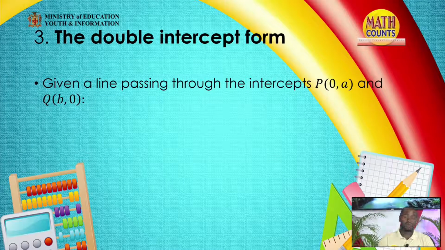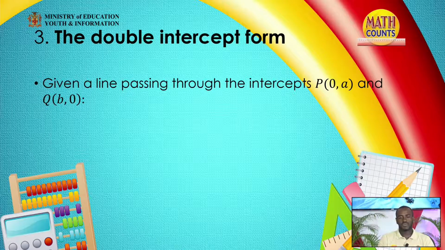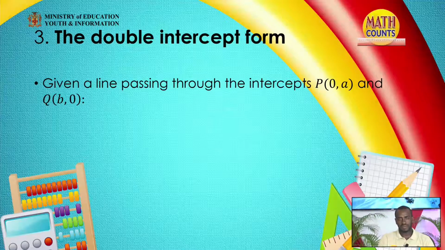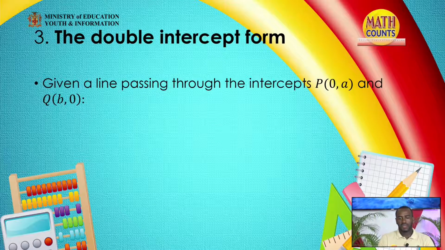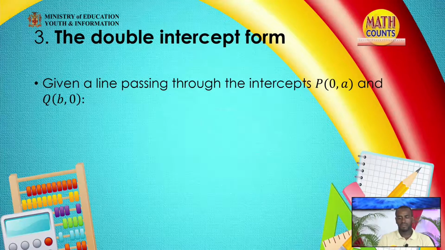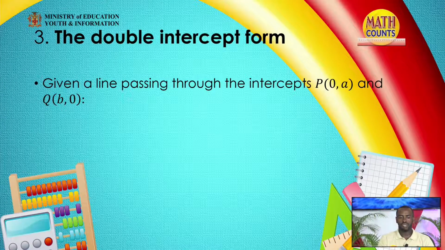And remember, when we say double intercept form, we are speaking about the y-intercept and the x-intercept. And here, they are represented by (0, A) and (B, 0).